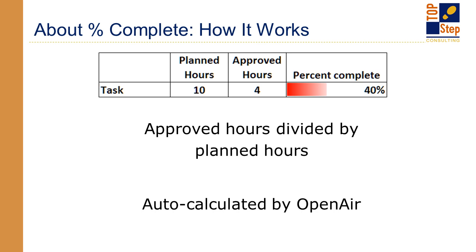That said, if the approved hours exceed the planned hours, the percent complete will stop at 100%. It's not going to hit 200% or anything over that 100% complete number. And for that reason, it is important to maintain the planned hours as they may change, depending on statements of work and change orders and such.